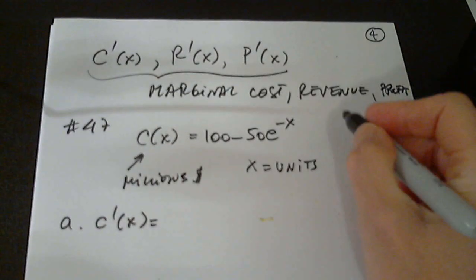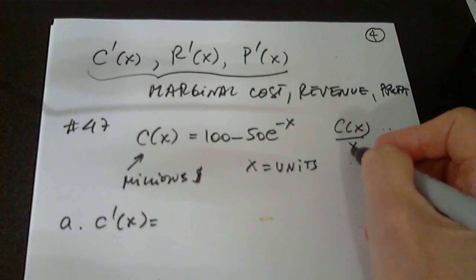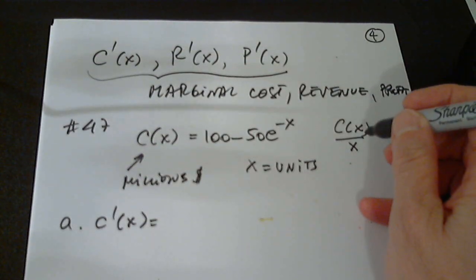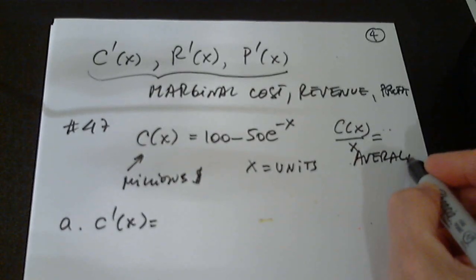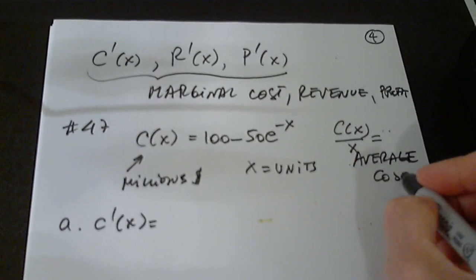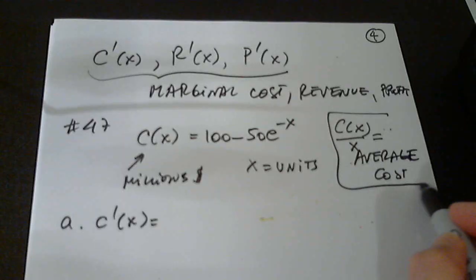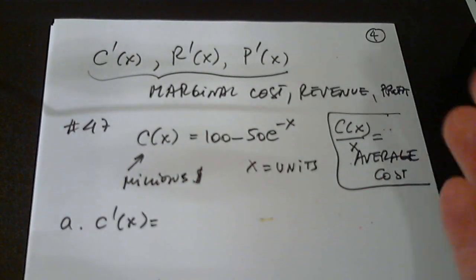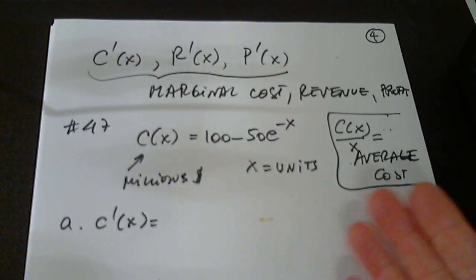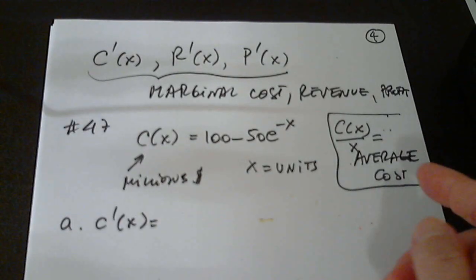This is not C of x over x, which is the average cost. Very good point. So to differentiate these two functions, this is the average cost, and then we may be asked to differentiate it and find the rate of change of the average cost.